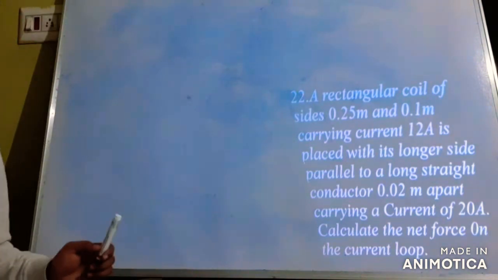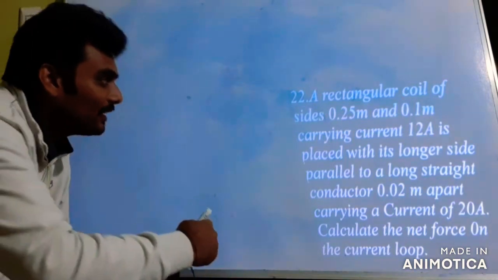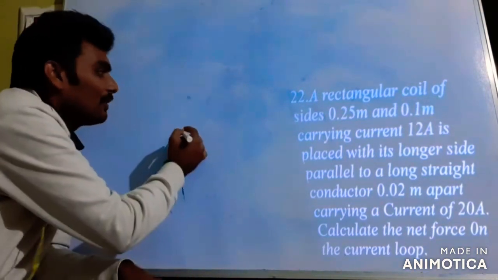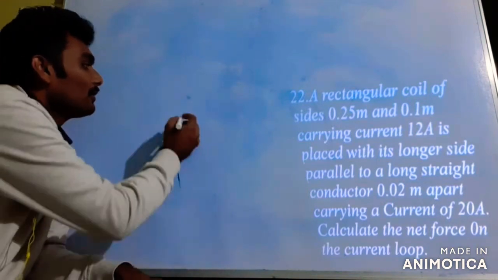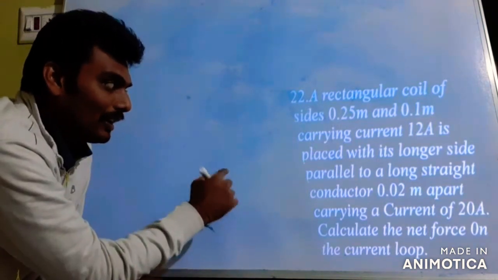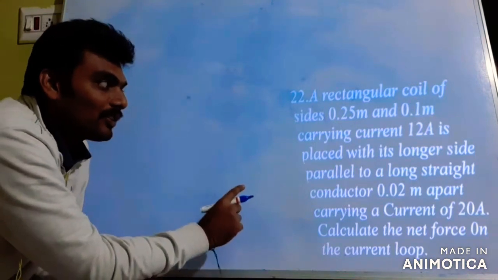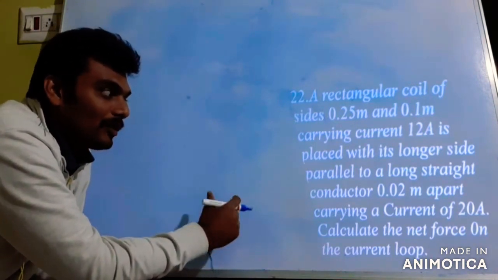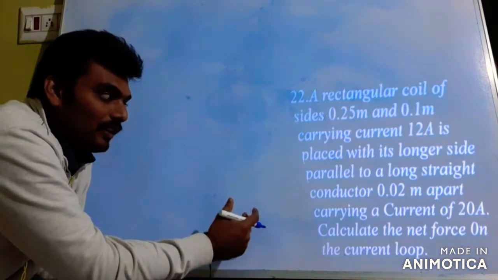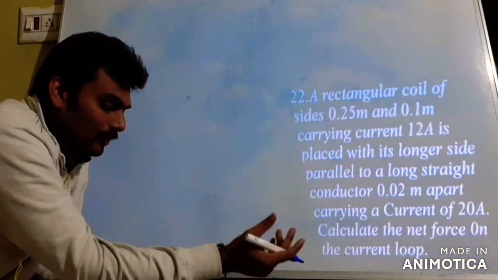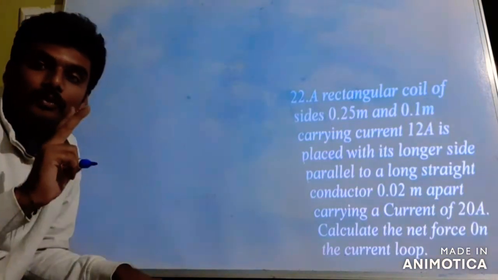Okay, so now here what we have is a rectangular coil of side 0.25 meter and 0.1 meter. This rectangular coil is placed with its longer side parallel to a long straight conductor. So now we basically have two things here.